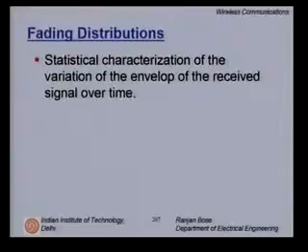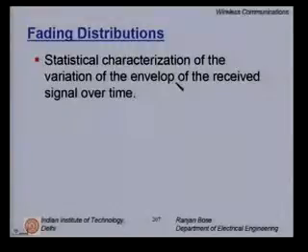So, what do we mean by fading distributions? The statistical characterization of the variation of the envelope of the received signal over time is captured by the fading distribution. Please note, we are only talking about the envelope, right? Some notion of the signal power being received here.